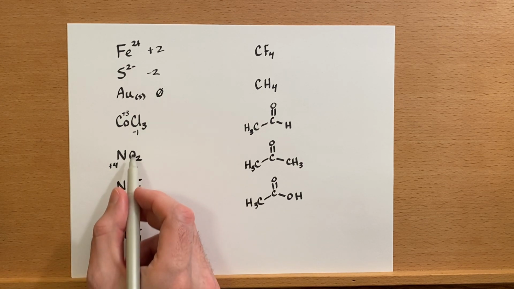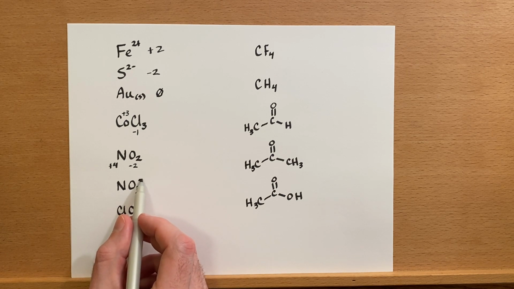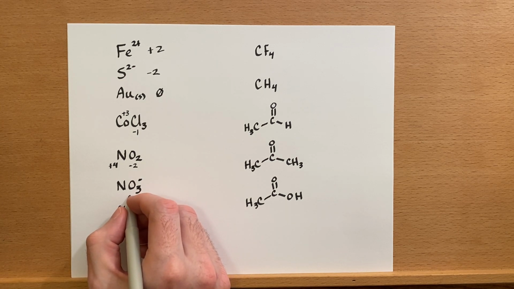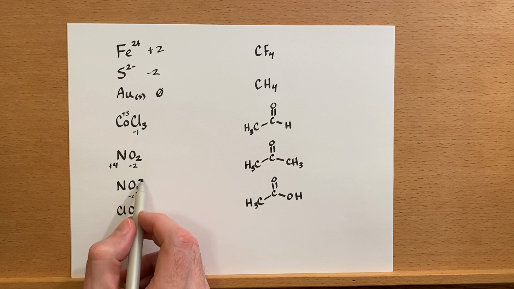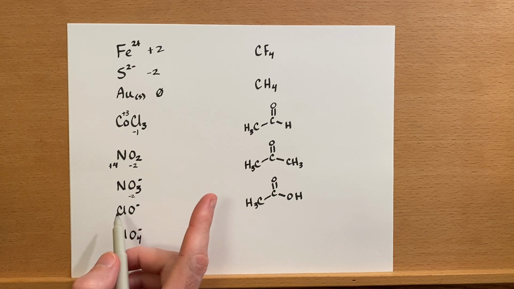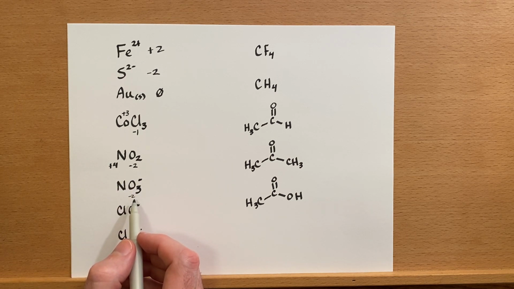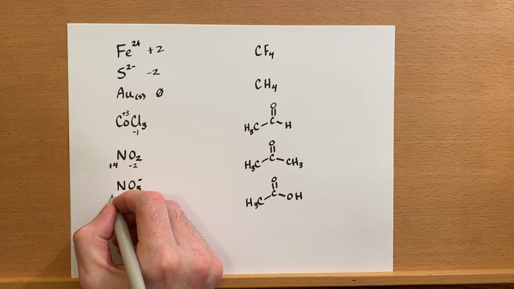Now, if we move down to the nitrate anion, we have a negative charge here. So we still have oxygen, which is still -2, but we have 3 of them, so that's a total of -6. But there's a negative up here, so we need to counteract 5 of those negative charges in order for this whole thing to add up to -1. So +5.